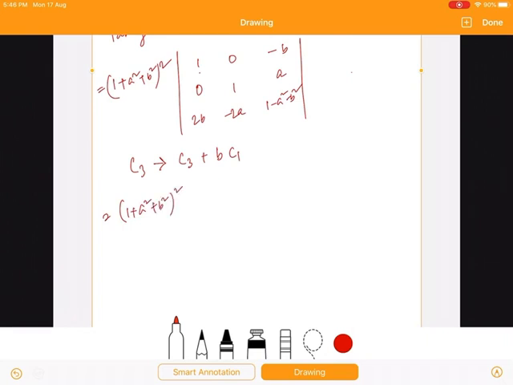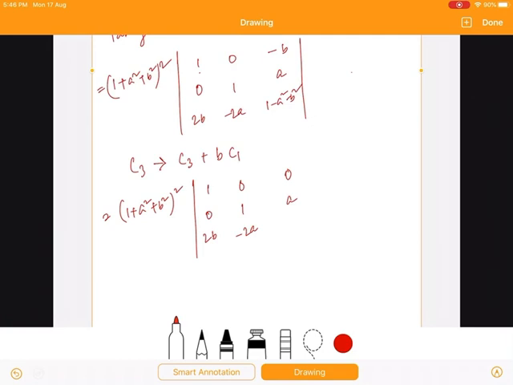Okay, so let's do it fast. 1 plus a square plus b square whole square. C1 will remain the same, 1, 0, 2b. C2 will remain the same, 0, 1, minus 2a. Now C3 will become this plus 0, b, 0, then this one will become a. Yes or no?